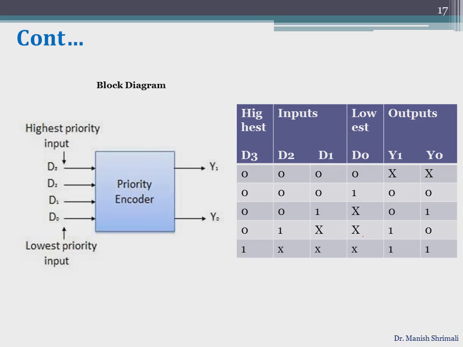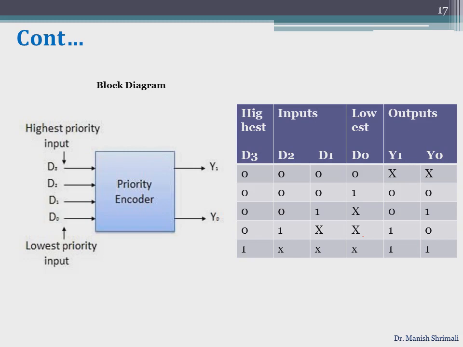And when D3 is 0 and D2 is 1, it doesn't matter what the inputs of D1 and D0 are, so we have put a cross there. In such a case, Y1 is 1 and Y0 is 0. So this is what we discussed in our previous slide.